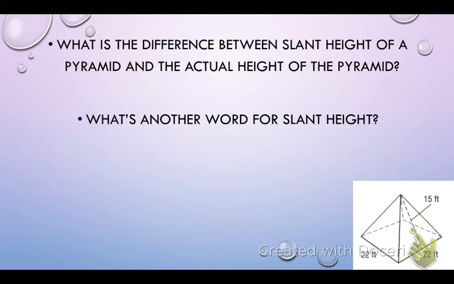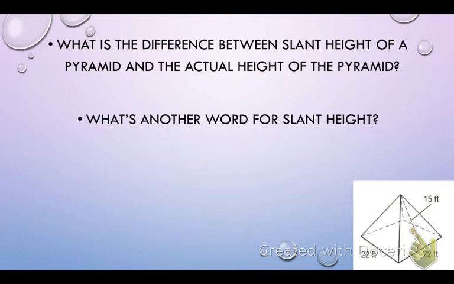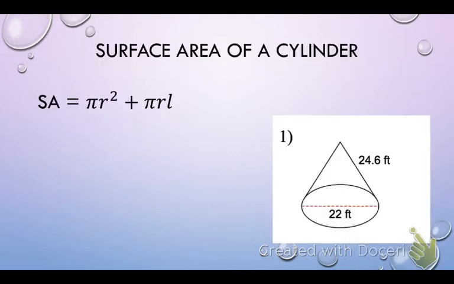Another word for slant height is lateral height. Realize that it starts with an L. That's important. The slant height is how we find the surface area of the pyramid. So naturally, slant height is also going to help us find the surface area of a cone.